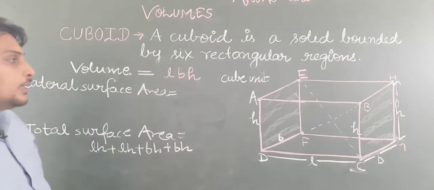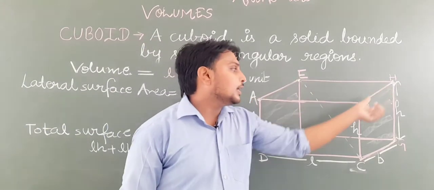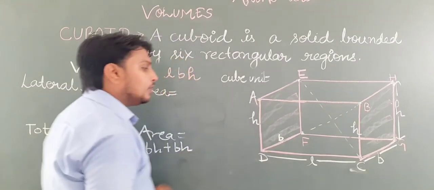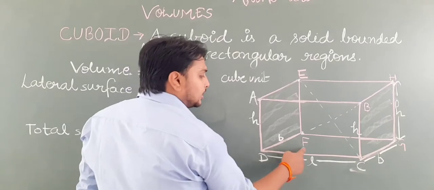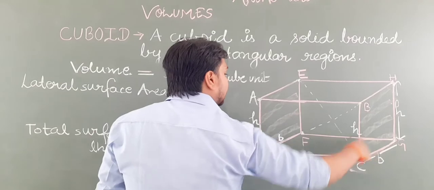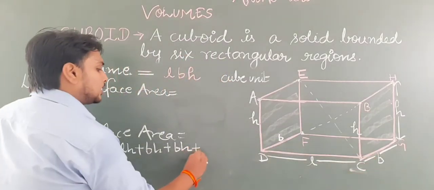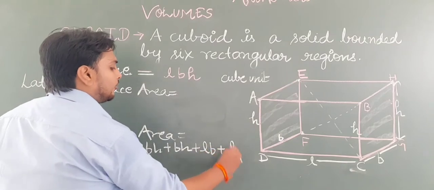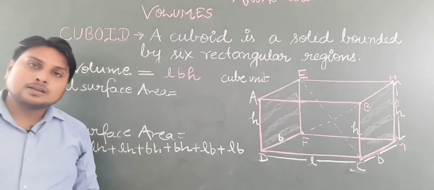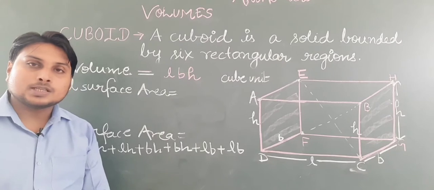And then what will be the area of the top? The area of the top will be AEHB, and its area will be equal to the surface that is the bottom, and the bottom surface will have the area of L into B. If total 6 surfaces are there, the opposite surfaces will be of equal area.